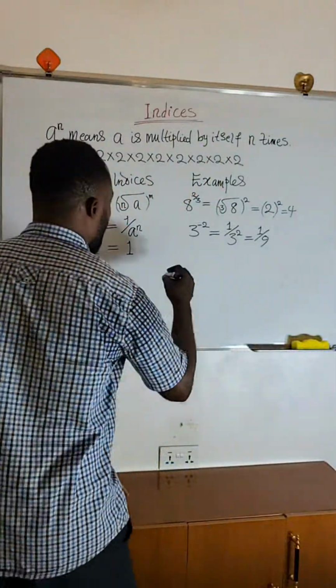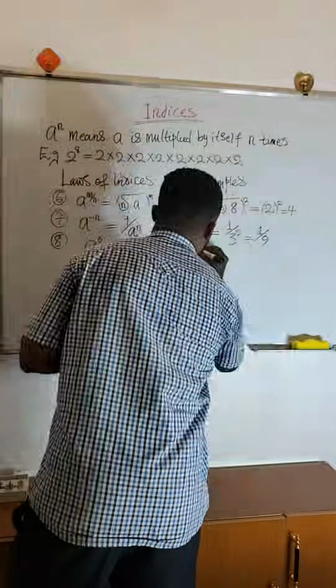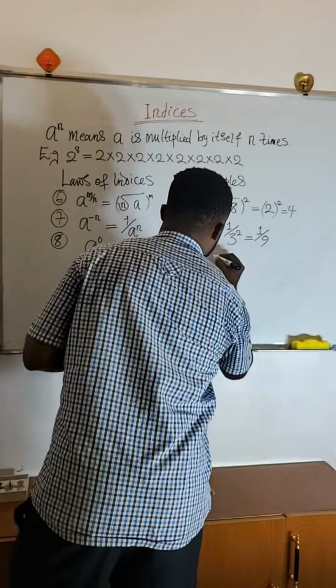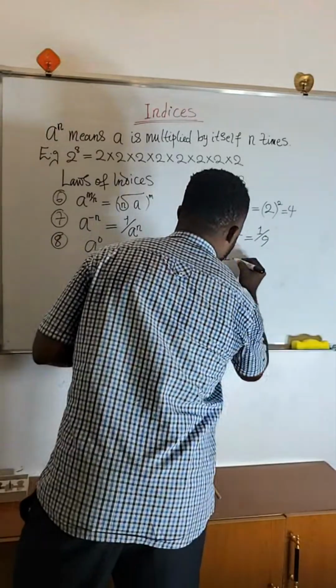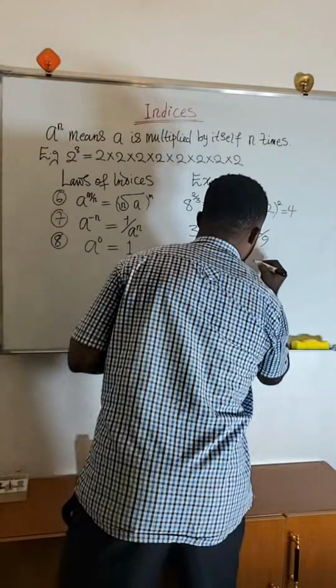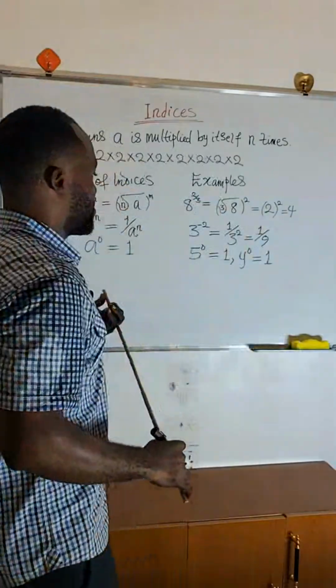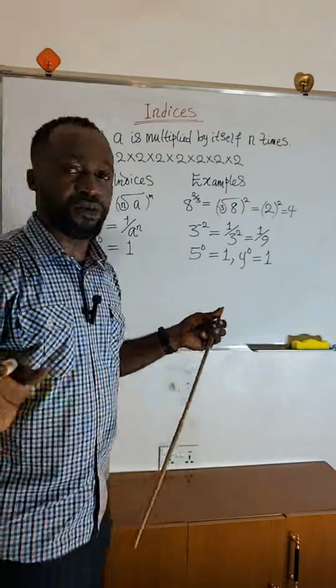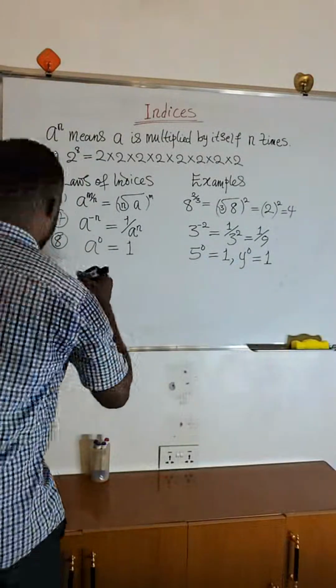So what if you have 5 raised to the power of 0? That will automatically be 1. Or you can have y raised to the power of 0. It will still be 1. Any integer at all raised to the power of 0 will give you 1.